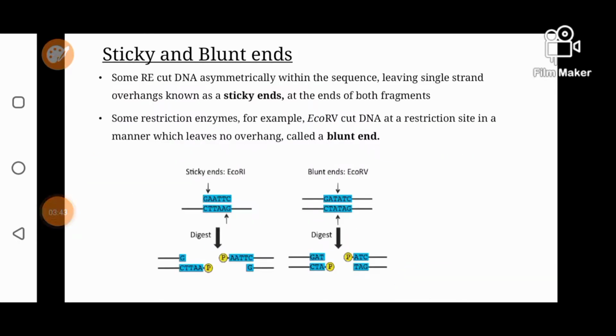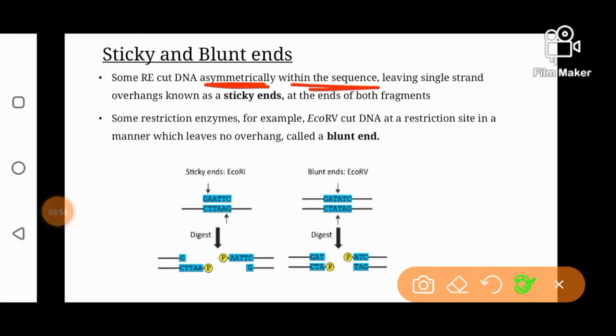Restriction enzymes may produce sticky ends or blunt ends while cutting DNA. Some restriction enzymes cut DNA asymmetrically within the sequence, leaving single-strand overhangs known as sticky ends. Just like this, you can see if an enzyme like EcoRI cuts DNA, it will leave single-stranded overhangs, which are known as sticky ends.